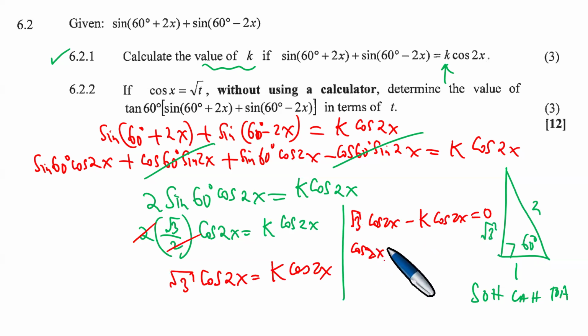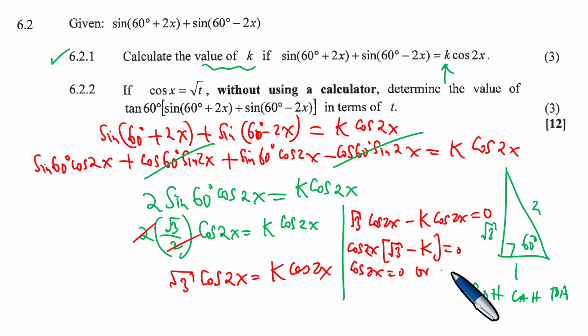So we have cosine 2x, which you take out, giving cosine 2x times the square root of 3 minus k equals 0. Which means either cosine 2x equals 0, or k equals the square root of 3.